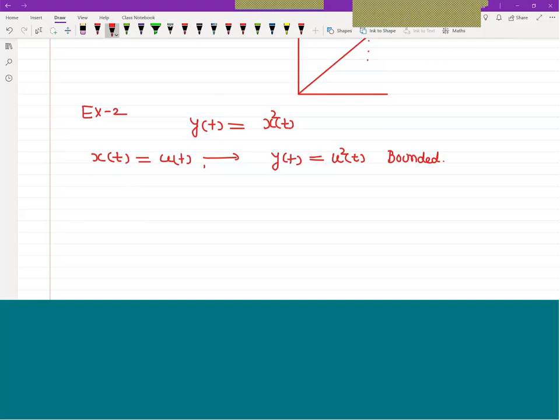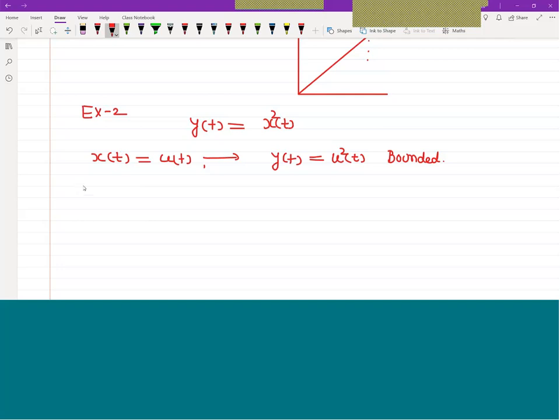Okay, so let's take a few more examples of stable or unstable systems.